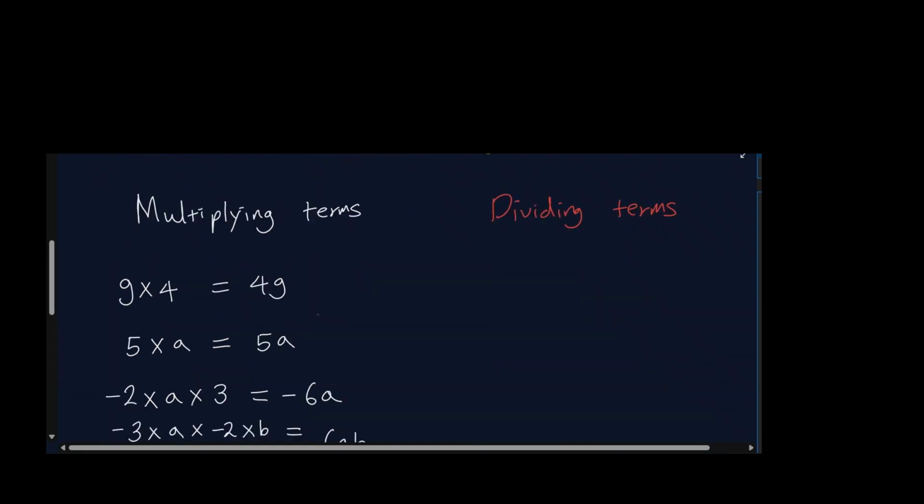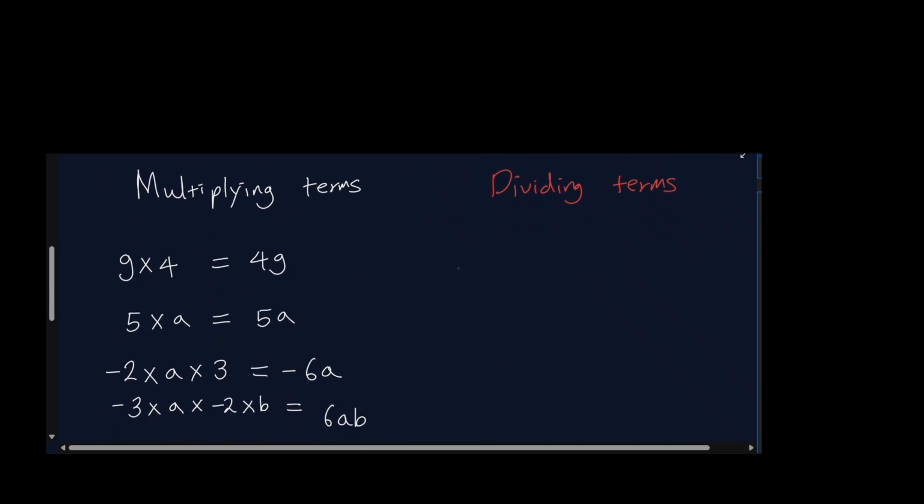If you are dividing a letter by a number, they should be written as a fraction. So for example, d divided by 3. We write it as a fraction now, so it would be d over 3.